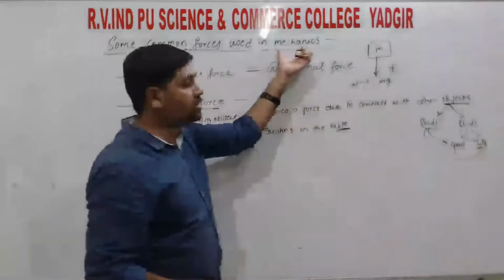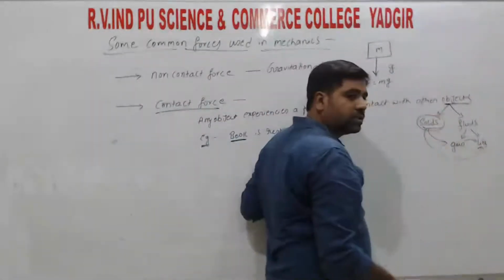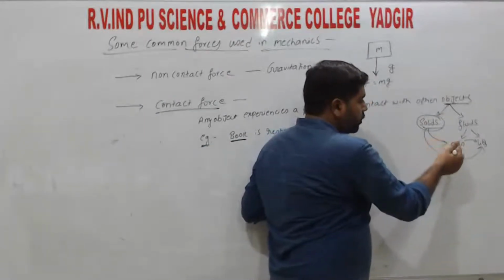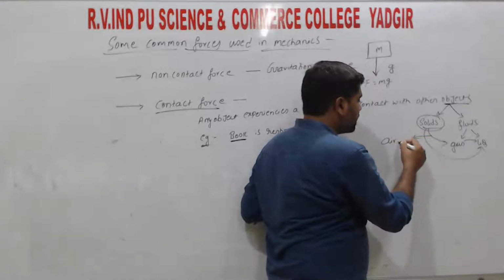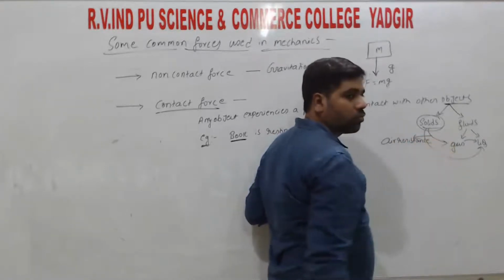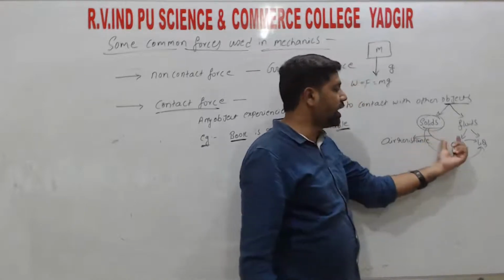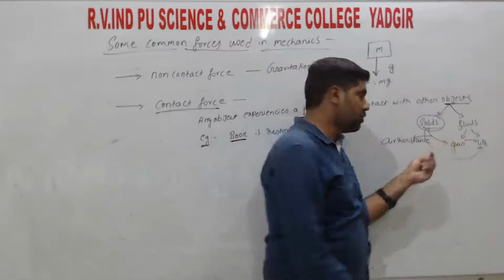Here we are discussing mechanics. So mainly we are going to discuss solids in contact with gases. Here there exists a force, that force we call air resistance. When a solid is in contact with gas, we directly take that as air, right?